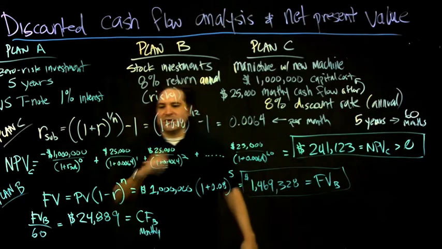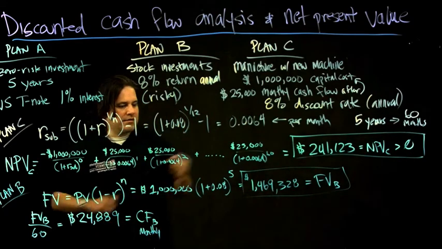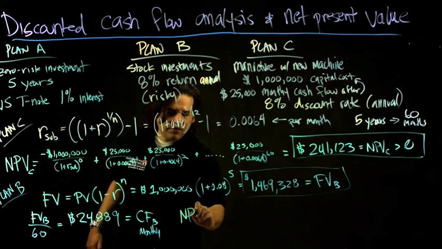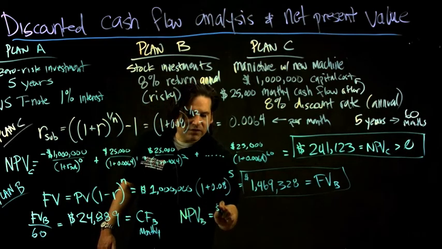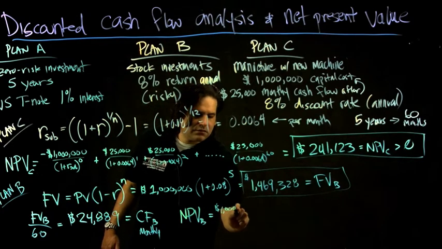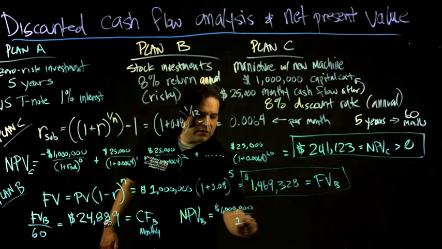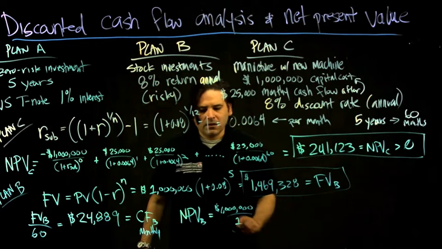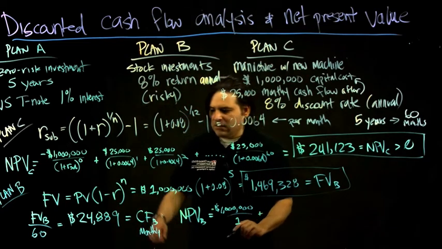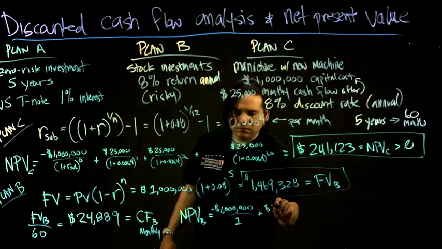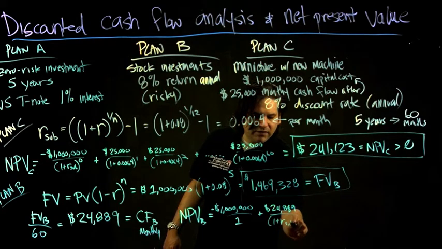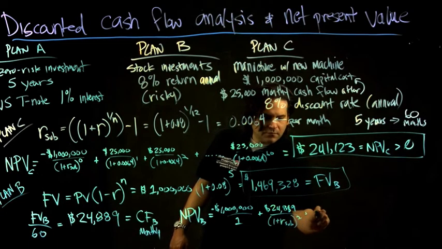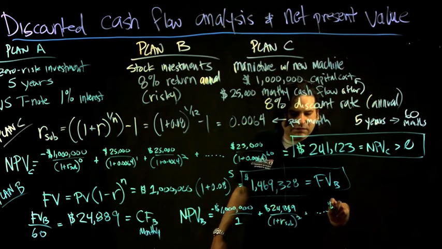If we were to plug those numbers in, comparing apples to apples, the net present value of B is the negative $1 million to buy the stocks over 1, because this is raised to the 0. It's a negative. Plus, if this is our cash flow, with the discount rate again, we do this for the 60 months.